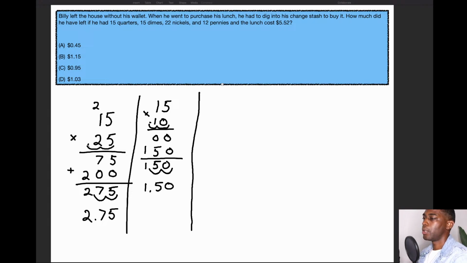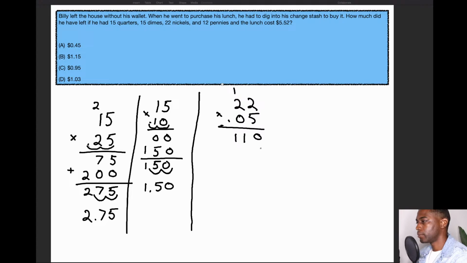Let me make another column for our nickels. 22 nickels. How much is each nickel worth? 5 cents. We are going to multiply. 5 times 2 is 10. 5 times 2 again is 10, plus 1 is 11.